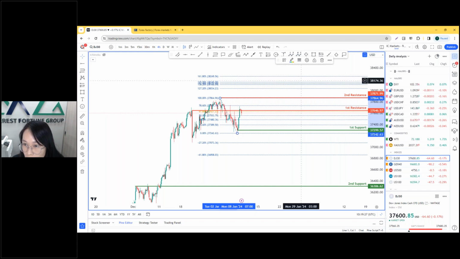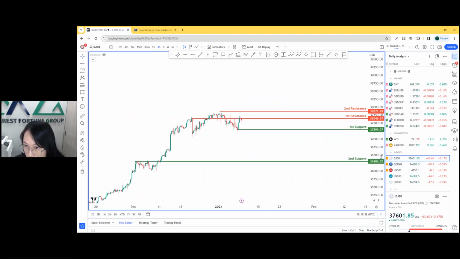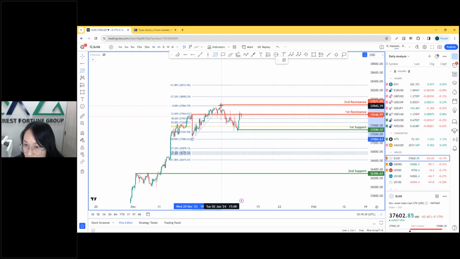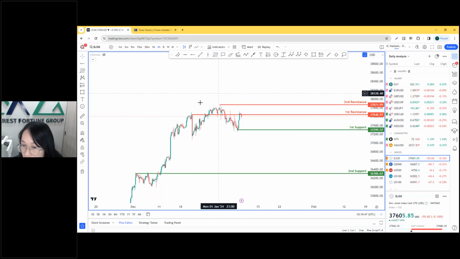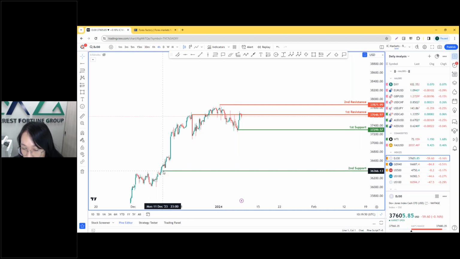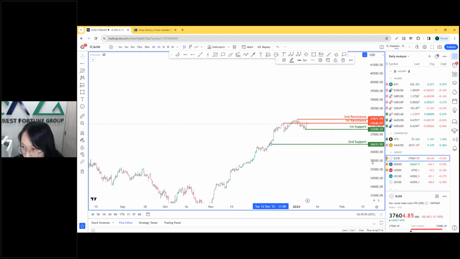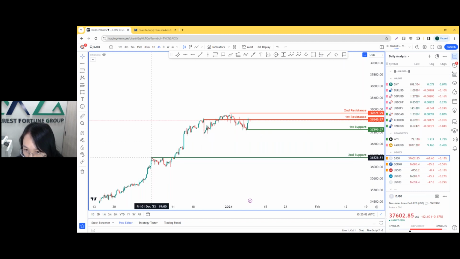Okay, the 61.8 has been broken, so I'm not going to use this for any Fibonacci. I do find the second support is a bit far, but there is a lack of a better support, so that's the only one that I could place.